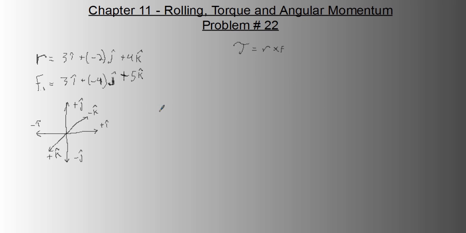With my right hand, I start with the first one. In this case it's always R. R is first, cross the F is second, and then the third is the result, the torque. I take my fingers and make them straight out, like I'm going to slap someone. Those fingers point towards whichever direction the first vector is: if it's positive I, they point to your right; if it's negative I, they point to your left.